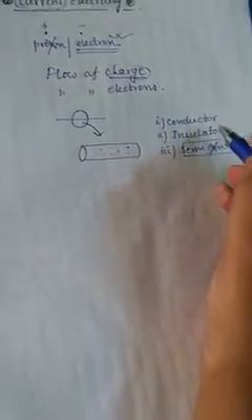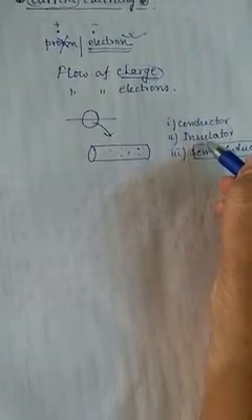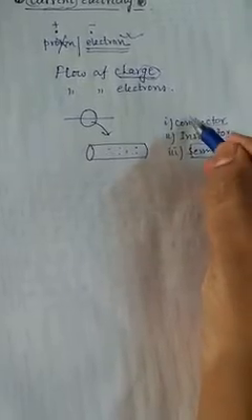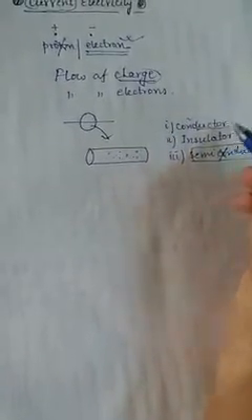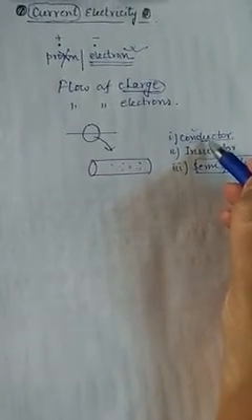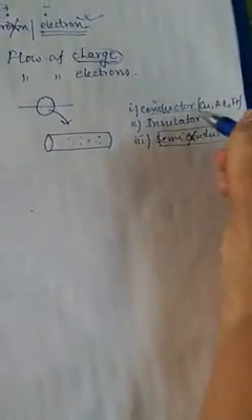Let's talk about the conductor, which can conduct electricity. I am not talking about conduction of heat, rather conduction of electricity. Examples are all the wires: copper, aluminium, iron, so all the metals are conductors.